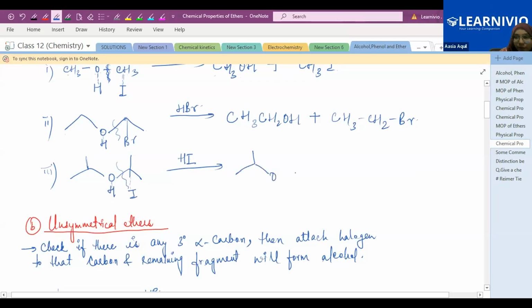So what you get is isopropyl alcohol plus your isopropyl iodide. If you start the numbering 1, 2, 3, the attachment is on the second carbon.